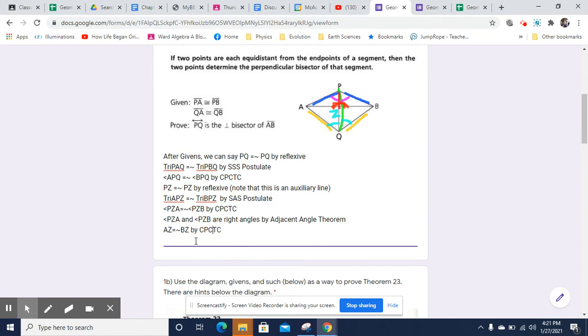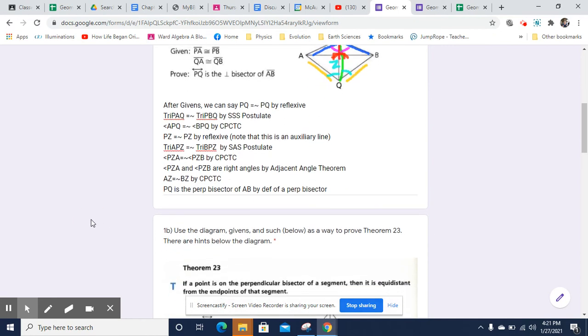Okay. And then therefore we can say that PQ is the perpendicular bisector of AB by definition of a perpendicular bisector. Okay, because it bisects AB and it does it at a right angle.